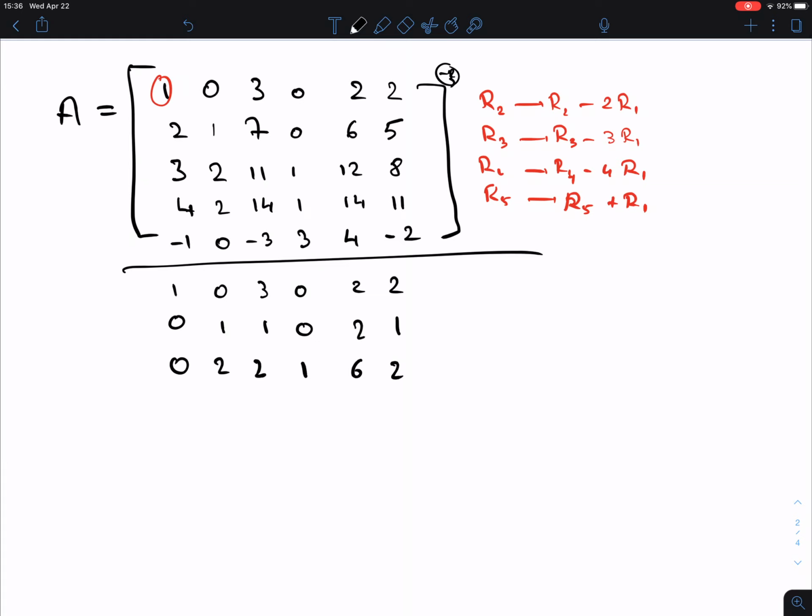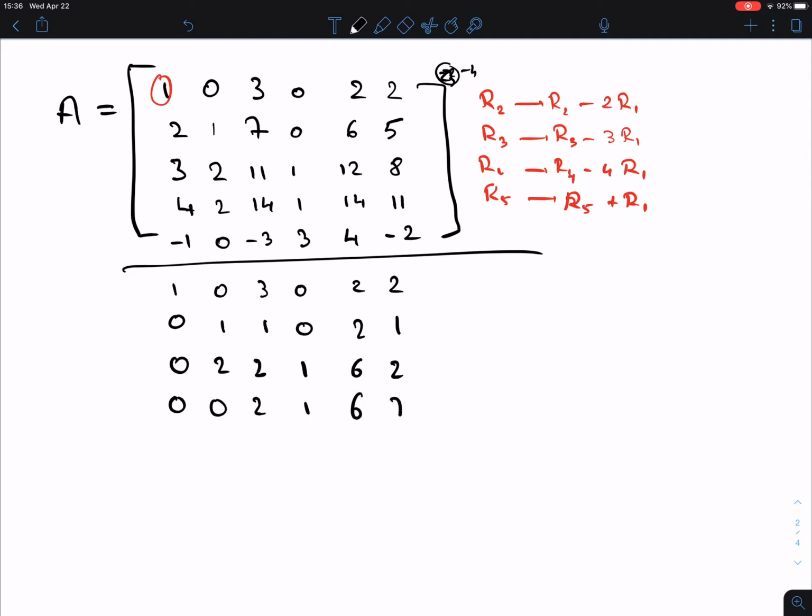Okay, and then the next one, we get now with negative 4, right? So we're going to multiply this by negative 4. Okay, 0, negative 4, negative 12 plus 14, that is 2. We get a 1 here, minus 8 plus 14, that is 6.